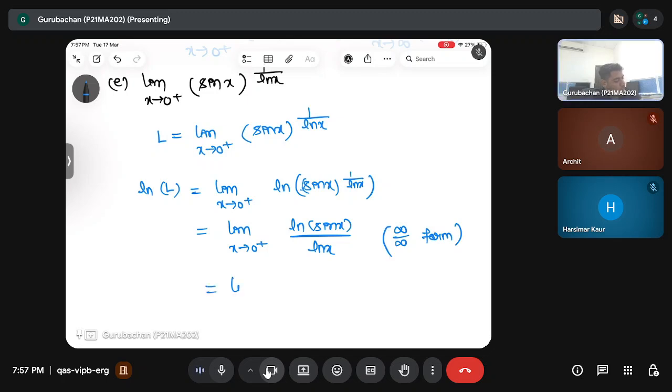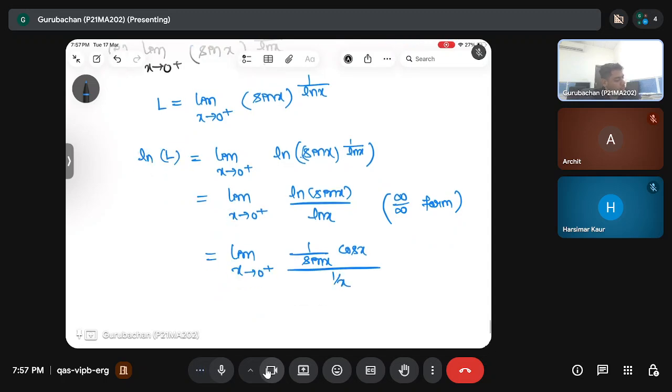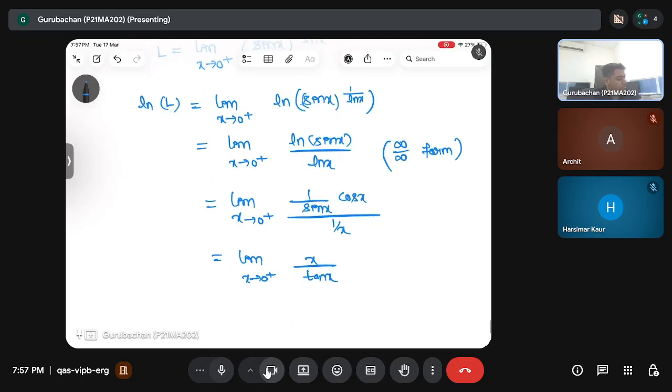So this will be limit x tending to 0 positive, 1 by sine x into cos x by chain rule, and this will be 1 by x. So from here this will be limit x tending to 0 positive x by tan x. What is it again? 0 by 0 form.